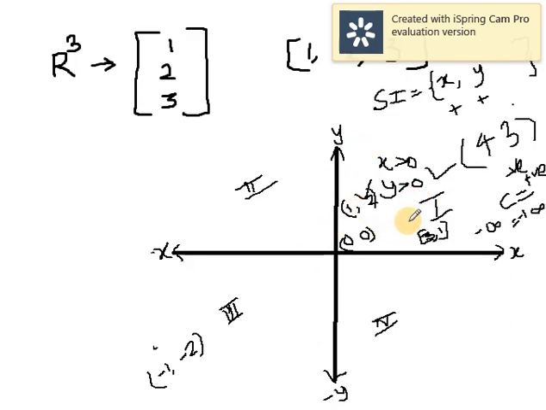Even if we consider the subspace as quadrants 1 and 3 together, we fail in one of the properties. So just check that in the notes and understand what a vector space and a subspace are. Thank you.